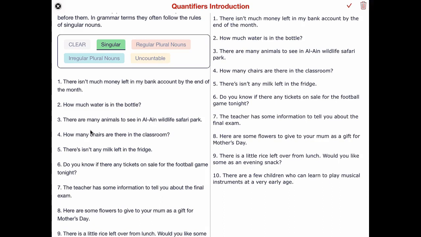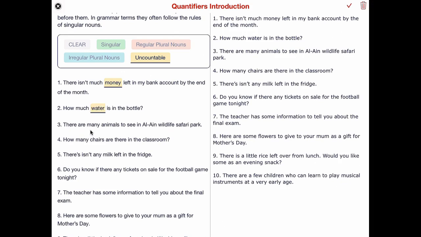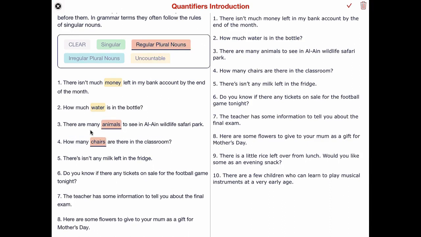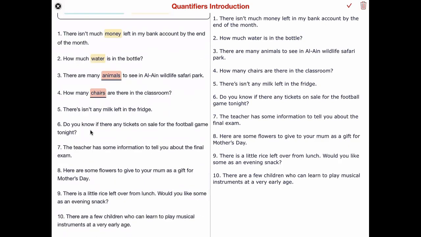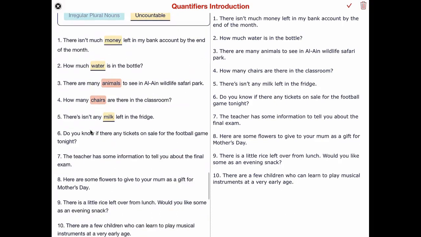We've got money, first of all. What is money? You can't have 6 monies. Water, also uncountable. Animals, if it's got an S on the end, it's a regular plural noun. Milk, uncountable.